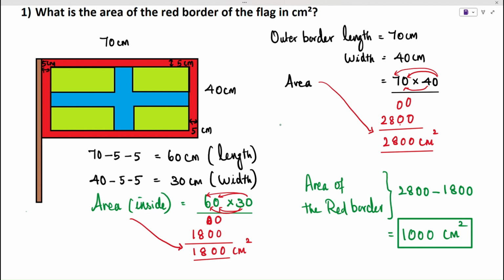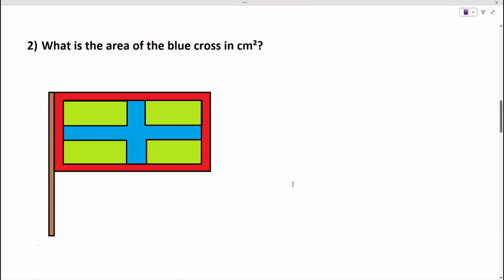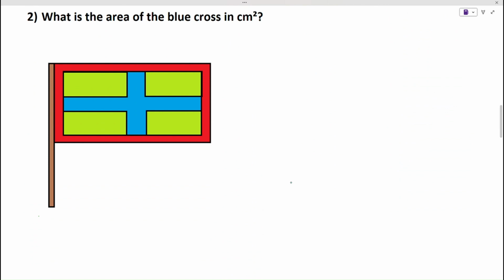Now let's approach the second part of our question. What is the area of the blue cross in centimeters squared? We're told that the width of the blue cross is 10 centimeters. But we also have to take into account how the red border affects the length of the cross as well.